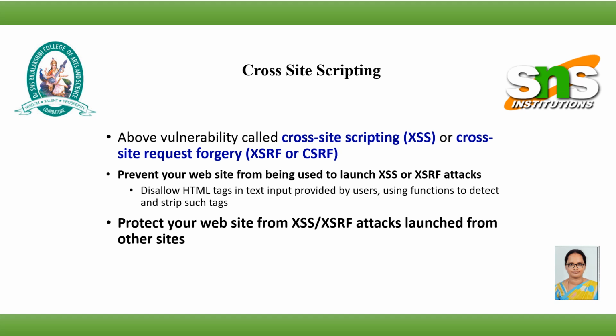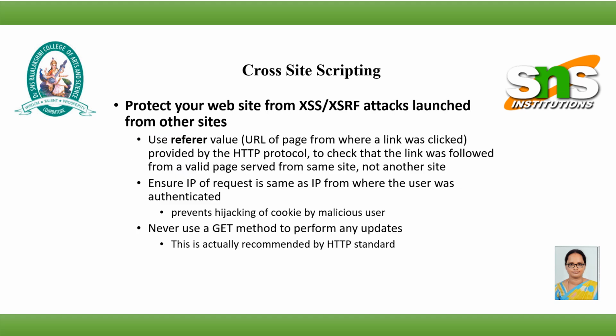Prevent your website from being used to launch XSS or XSRF attacks. Disallow HTML tags in text input provided by users, using functions to detect and strip such tags. This protects your website from XSS launched from other sites.